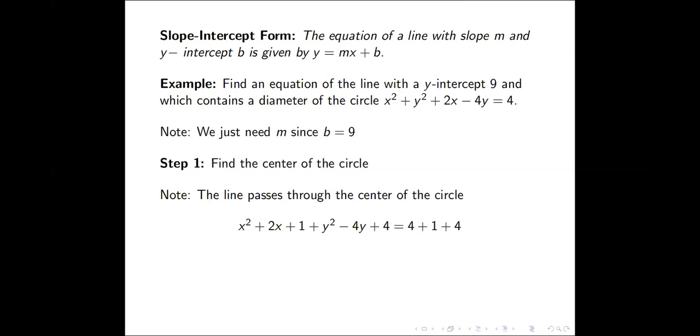We already have the constant here, so no problem with that. We just regroup or rearrange. So we have x squared plus 2x and then y squared minus 4y. And we complete the squares for each variable by dividing the coefficient of the linear term by 2 and then squaring that.